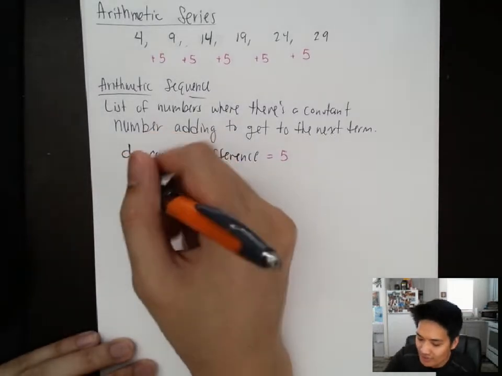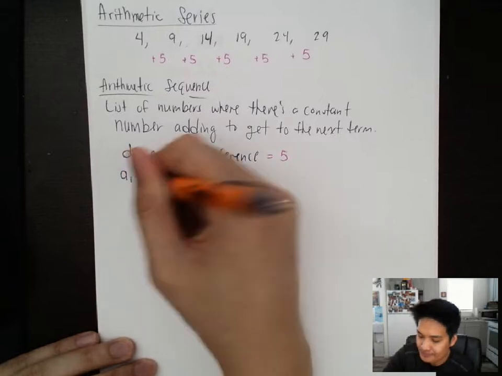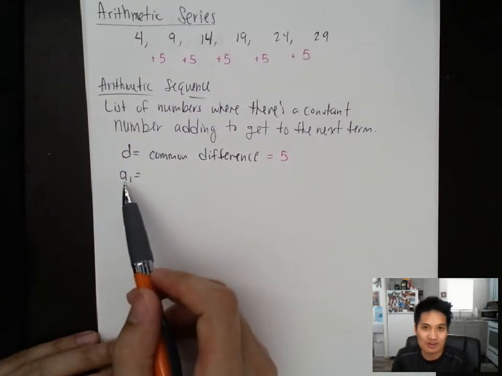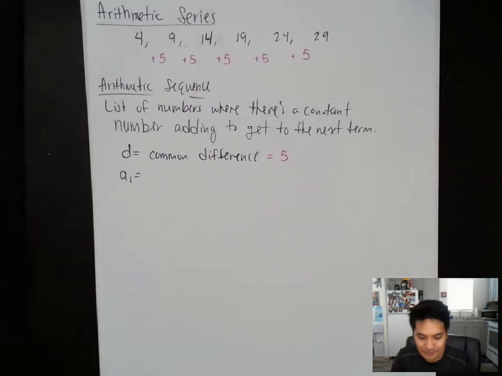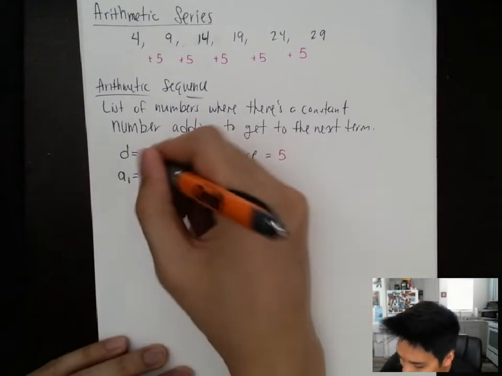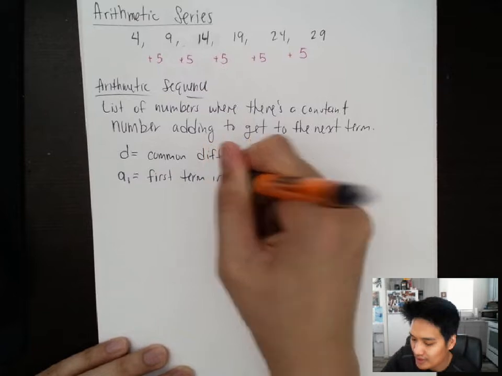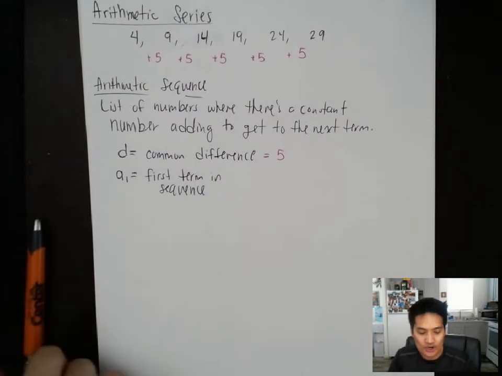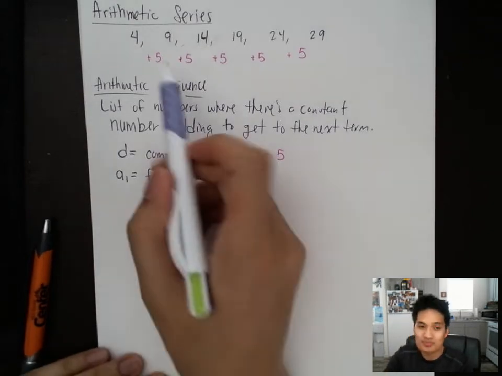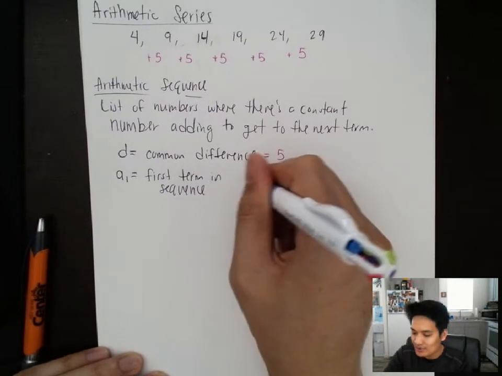The next variable I want to define is A sub 1. A just represents arithmetic, or just a variable, and this one is the first term in the sequence. In this case the first term is 4, so A sub 1 equals 4.